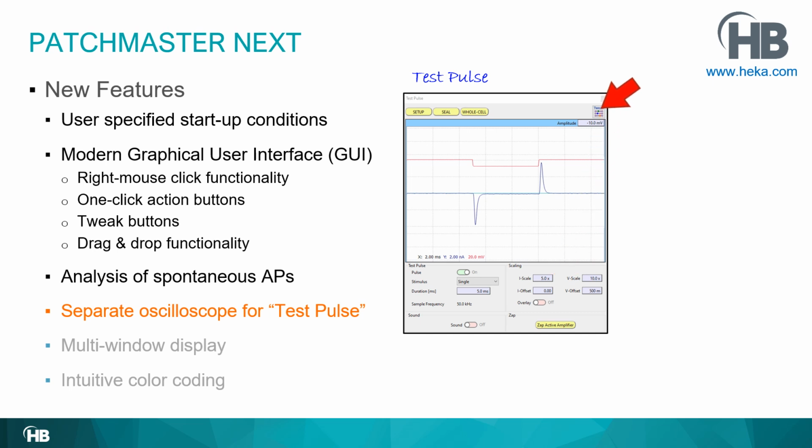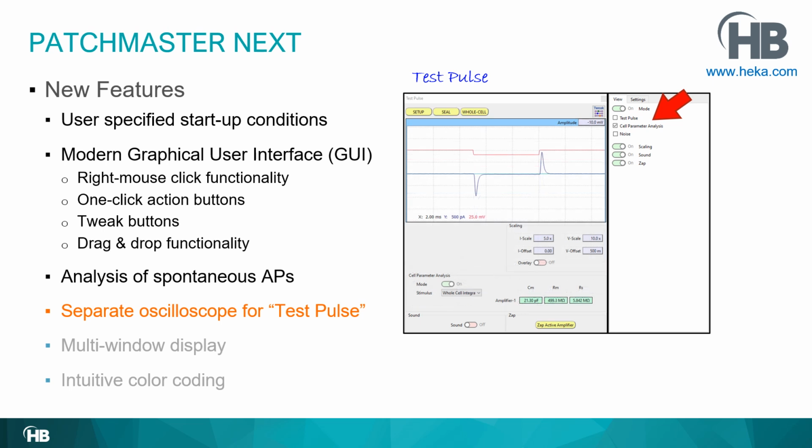Then again, we have tweak buttons, of course. When you click on that, you see there's a tweak option opening up, and like before, you have a view option here, and there are three different functionalities for the test pulse oscilloscope. The test pulse itself, of course, then there is a cell parameter analysis. When you click on it, it will change the display and looks slightly different.